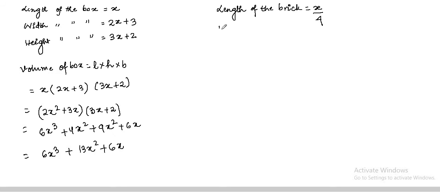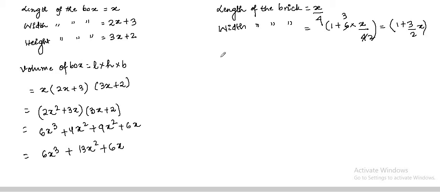Next, the width of the brick is 1 more than 6 times the length of the brick, which is 1 plus 6x into 4. Simplifying, this gives 3 here and 2 there, so it becomes 1 plus 3 by 2x.